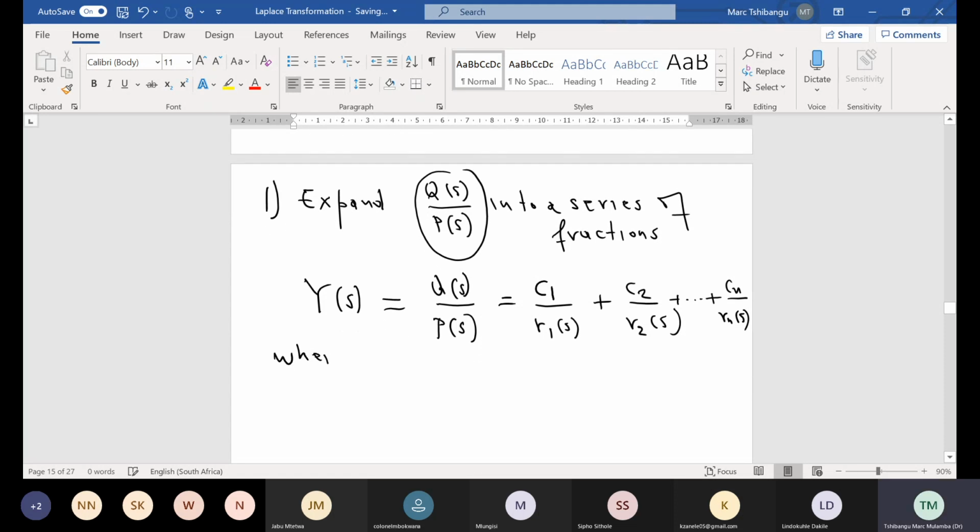Where C1, C2, and Cn are constants, and R1(s), R2(s), Rn(s) are low order polynomials.